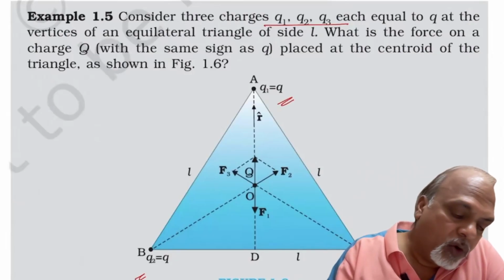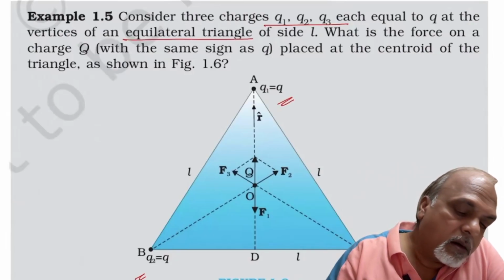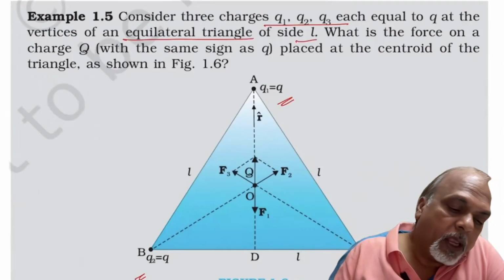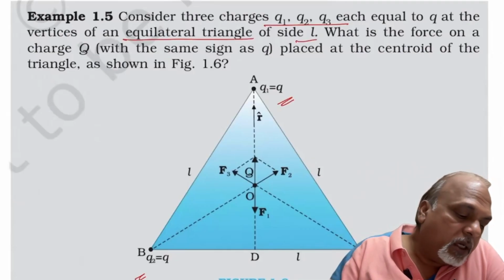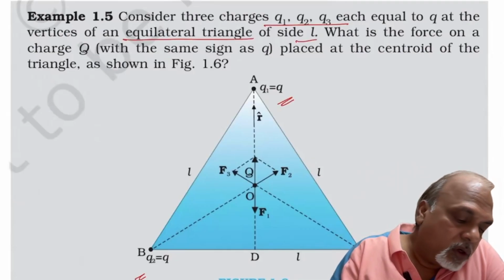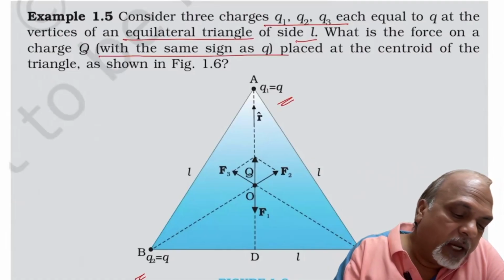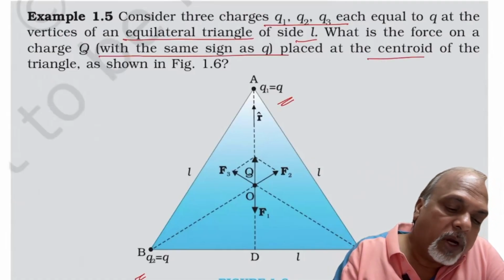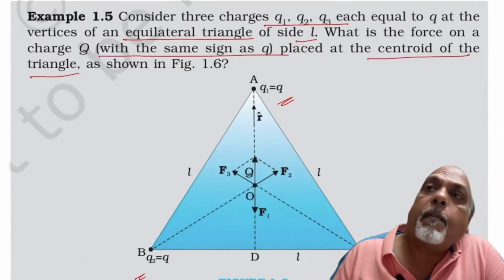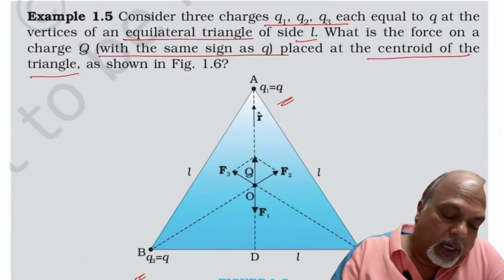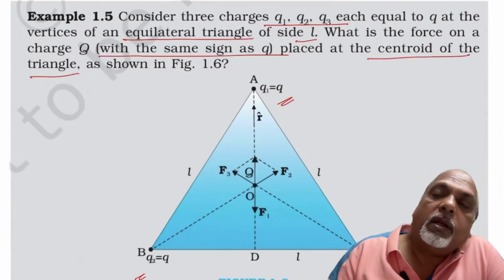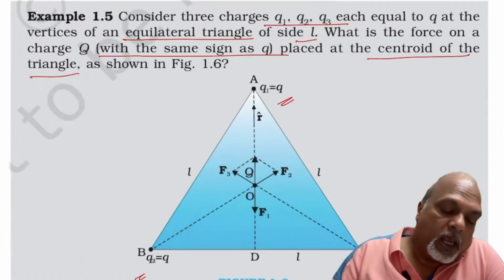And it is an equilateral triangle of side L. What is the force on the charge Q with the same sign as Q placed at the centroid of the triangle? So this is the centroid O where charge Q is placed.